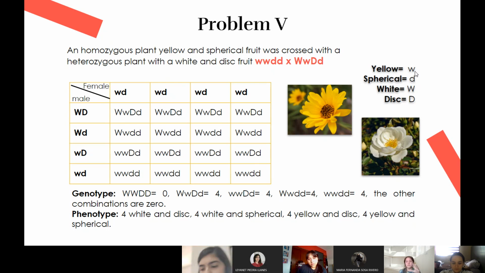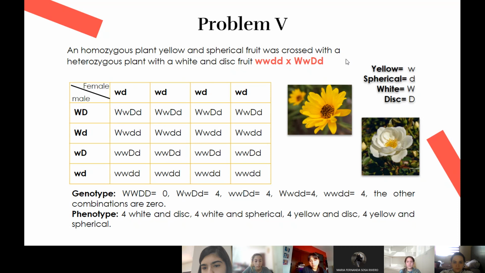Yellow would be a lowercase w, spherical a lowercase d, white an uppercase W, and disc an uppercase D. Then I placed the dihybrid cross of the first part here with the first letter and the third letter, the second letter and the first letter with the fourth letter, then the second letter with the third letter, and the second letter with the fourth letter.